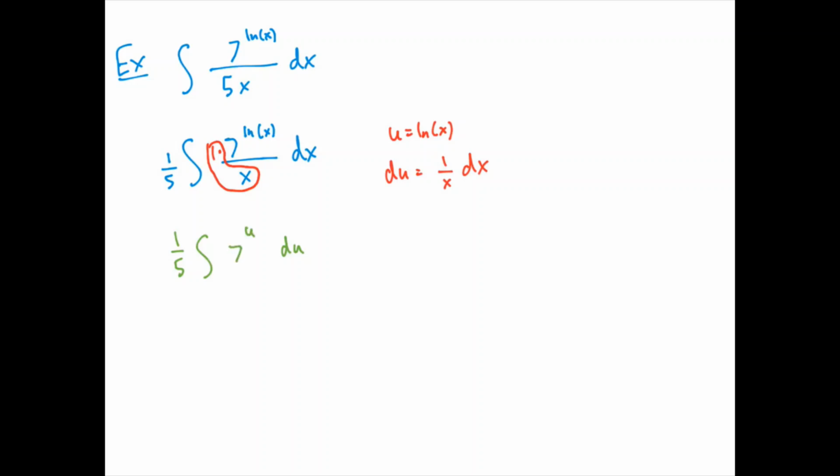Okay, so what we saw in an earlier video was that when we have a constant raised to a function and we want to integrate that, we're going to say 7 to the u divided by ln of whatever that base is, which is 7, plus c. And then resubstituting in the u, we're going to have 1 times 7 raised to the ln of x divided by 5 ln of 7 plus c.